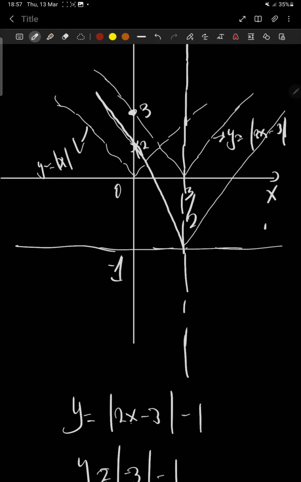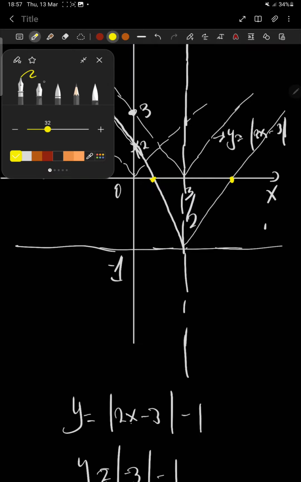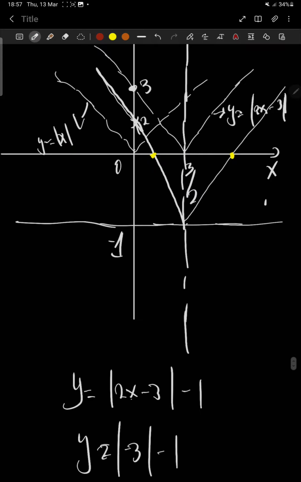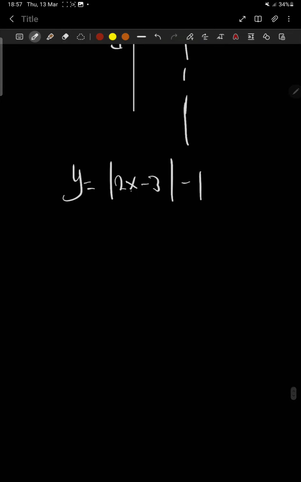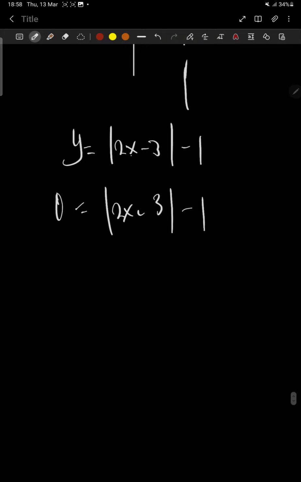Now I need to know these points. How do I know what those points are? Those points are the x-intercepts. At the x-intercept, y is 0. So the 1 can go to the other side, and I'm going to have modulus of 2x minus 3 equal to 1.